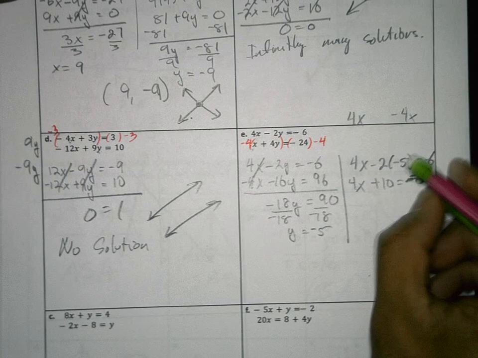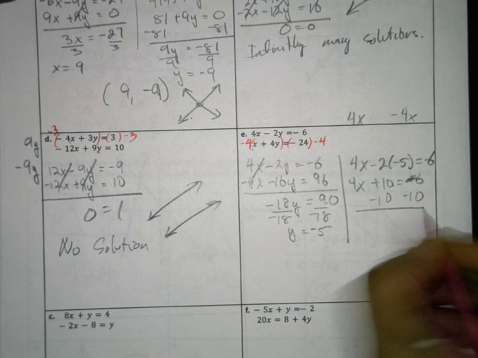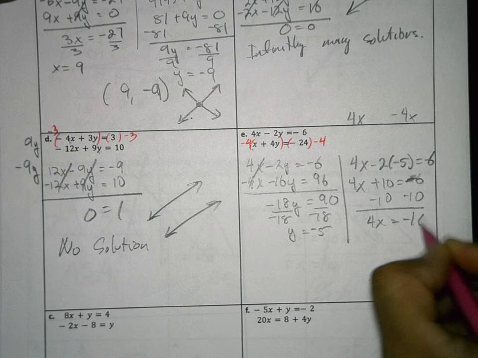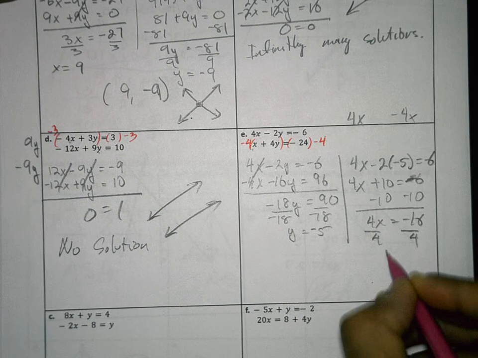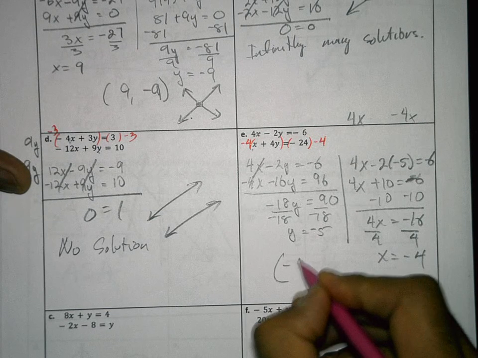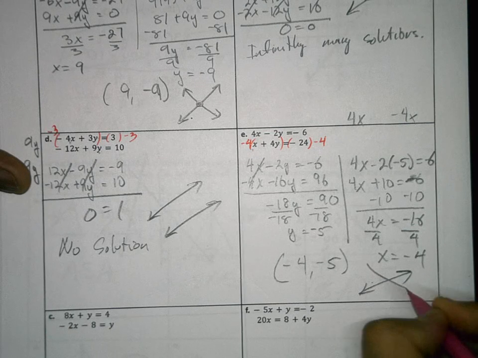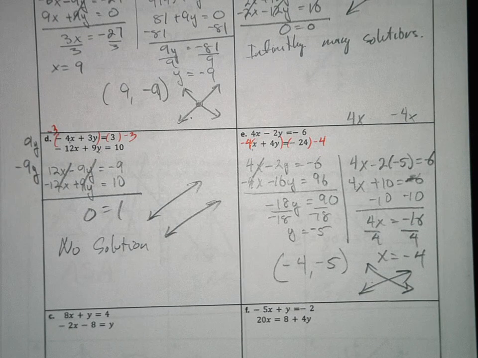Sorry, too many signs in there. Subtract 10 from both sides. Divide by 4, and x equals negative 4. So the point at which they cross is negative 4, negative 5, right? This would be an example of just two lines intersecting.